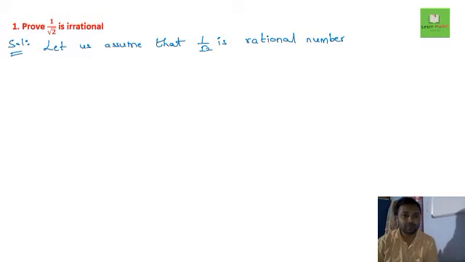We know that every rational number can be expressed in the form of p by q, where p, q belong to integers and q is not equal to 0.